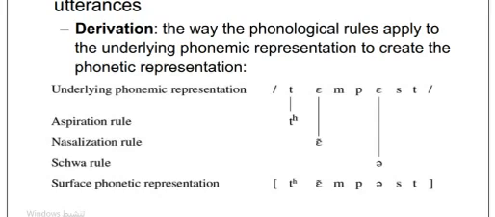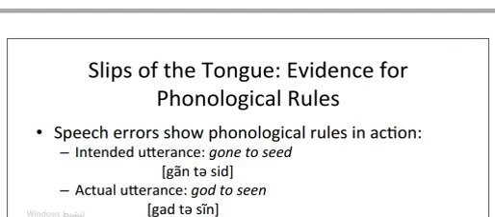So we have nasalization here, we have aspiration rules, we have schwa rules, and we have surface phonetic representation, as I showed you previously. So you can look at this derivation with a high level of concentration, to understand what we mean.